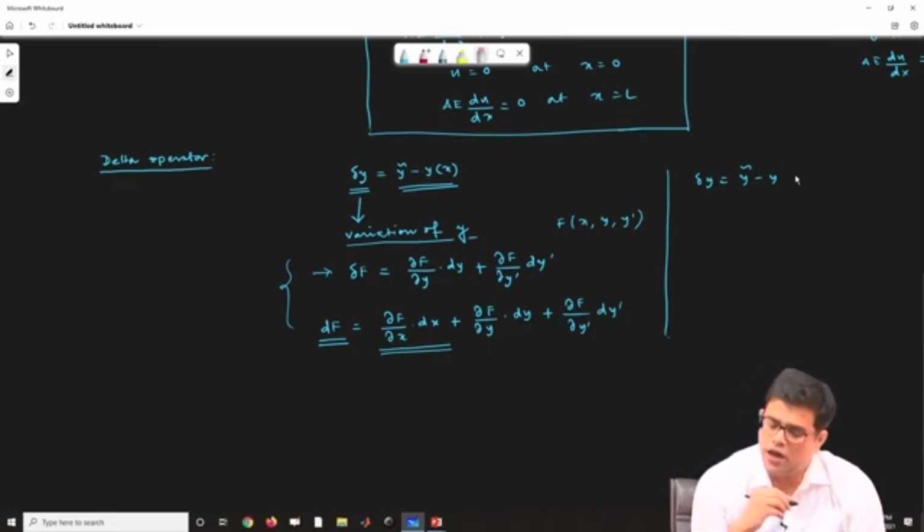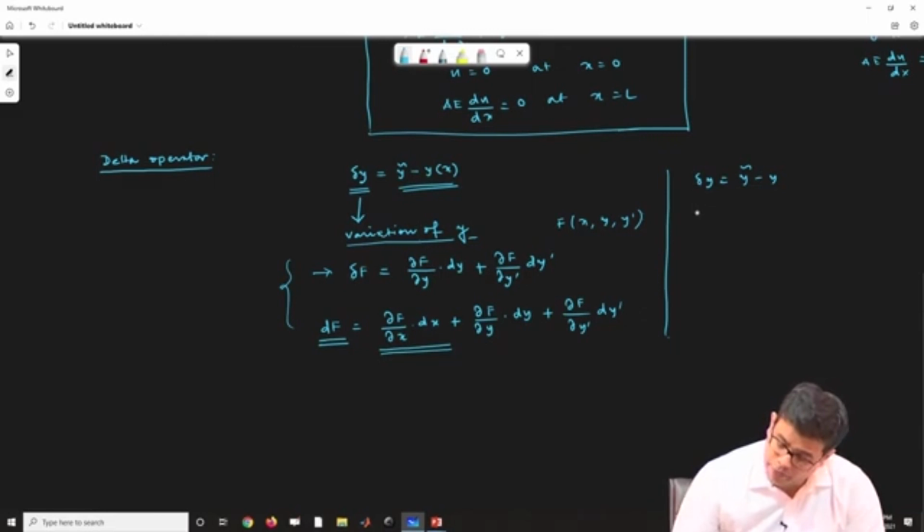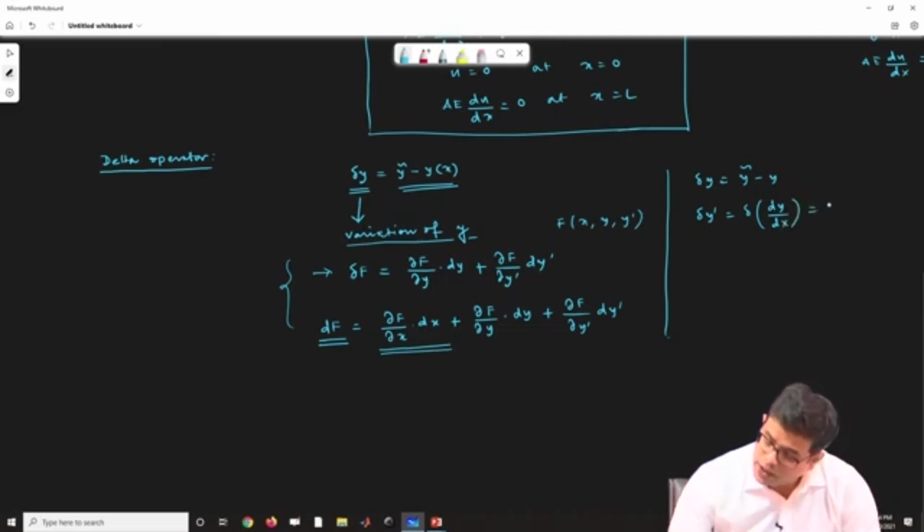If I take delta of y prime, it is nothing but delta of dy dx, which is nothing but d dx of delta y.